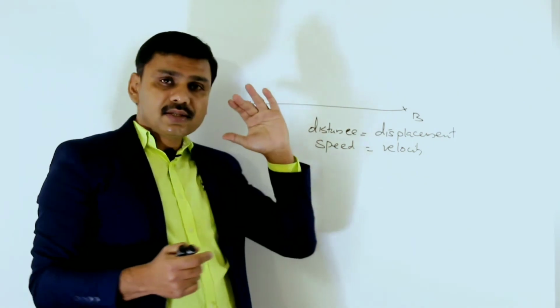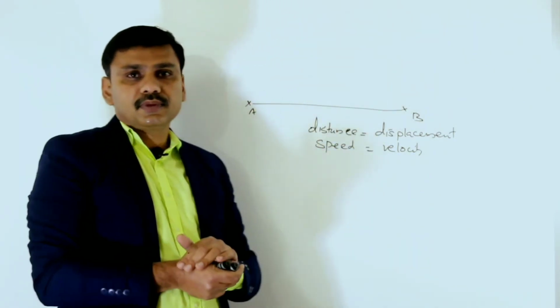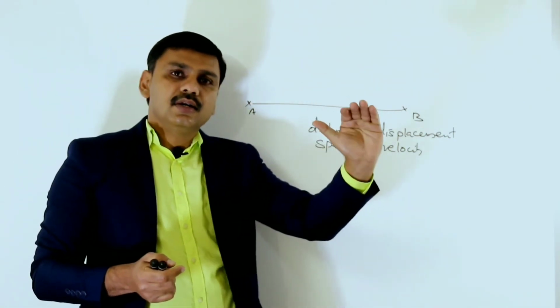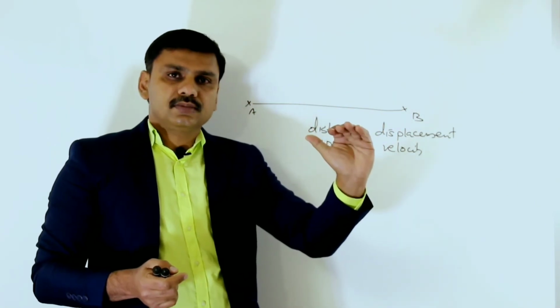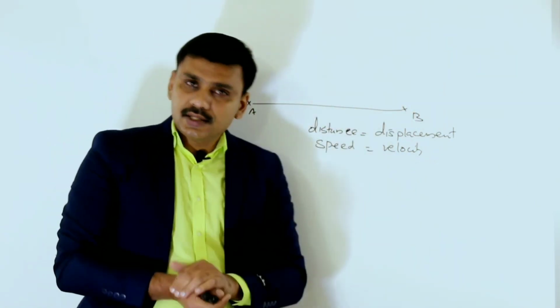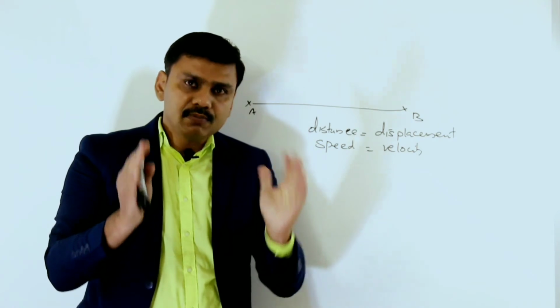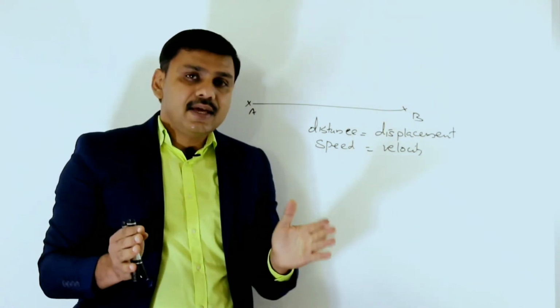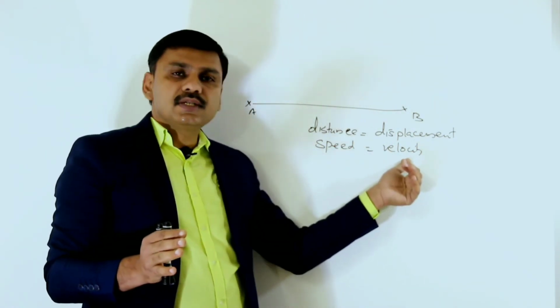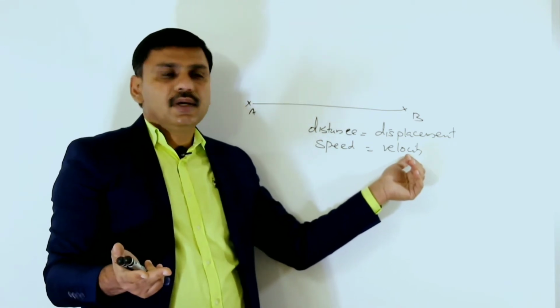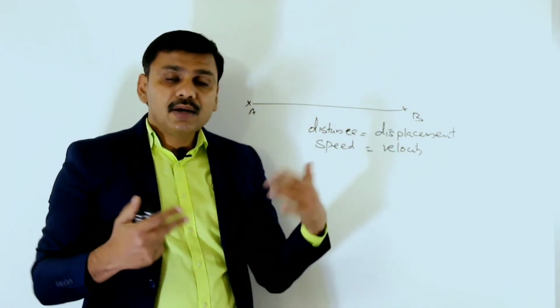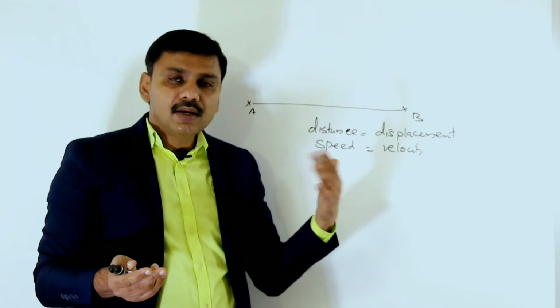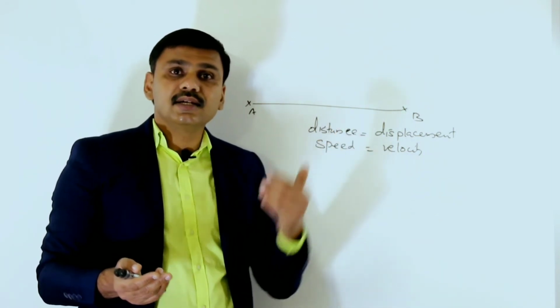So if an object is traveling along a straight path or a straight road without change in direction, distance and displacement are the same, and speed and velocities also will be the same. They will become different if there is a change in direction.